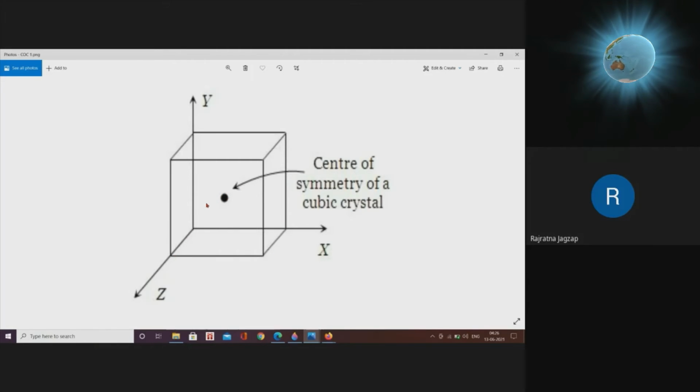All edges are at equal distances. So this becomes the center of symmetry.